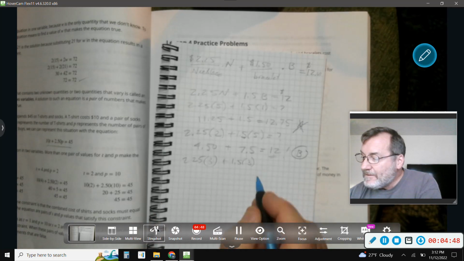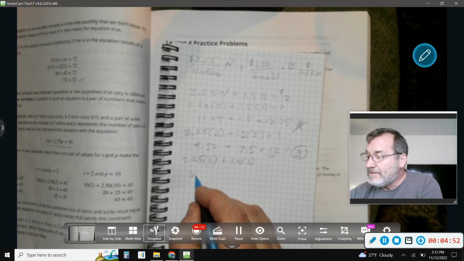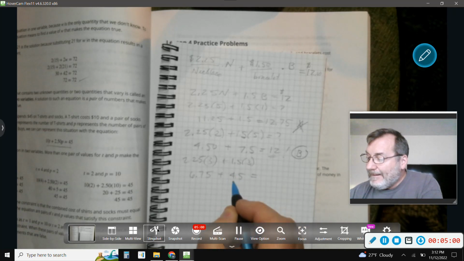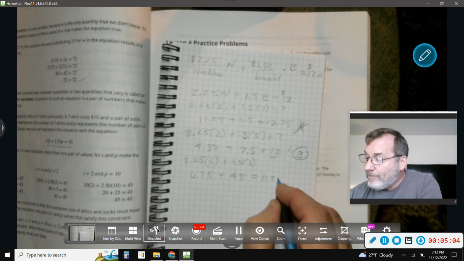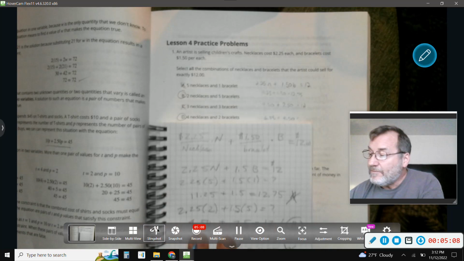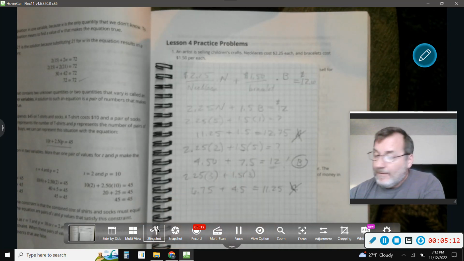So let's see what it comes out to. 3 times 2.25, that's 6.75, plus 3 times 1.5, that's going to be 4.5. And that turns out to be 11.25. So C does not work. That's what we've got so far. C doesn't work. All right. Moving on.